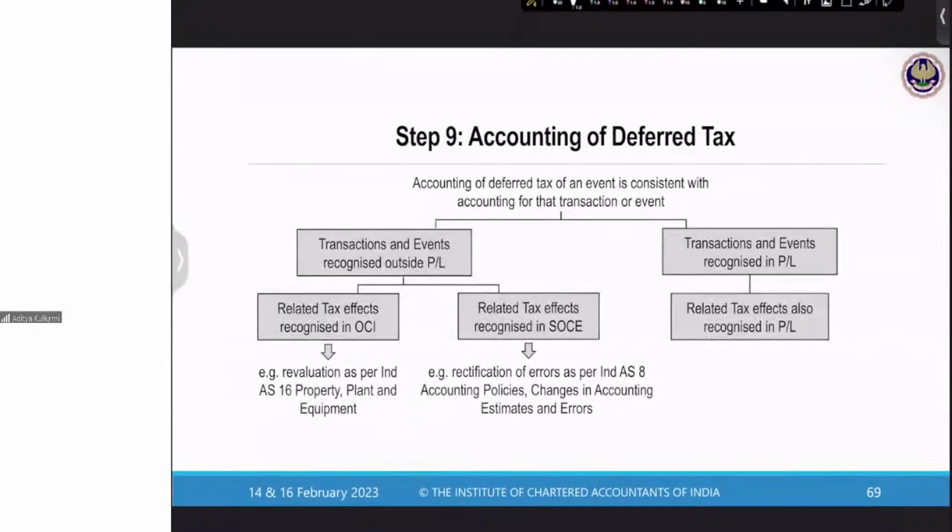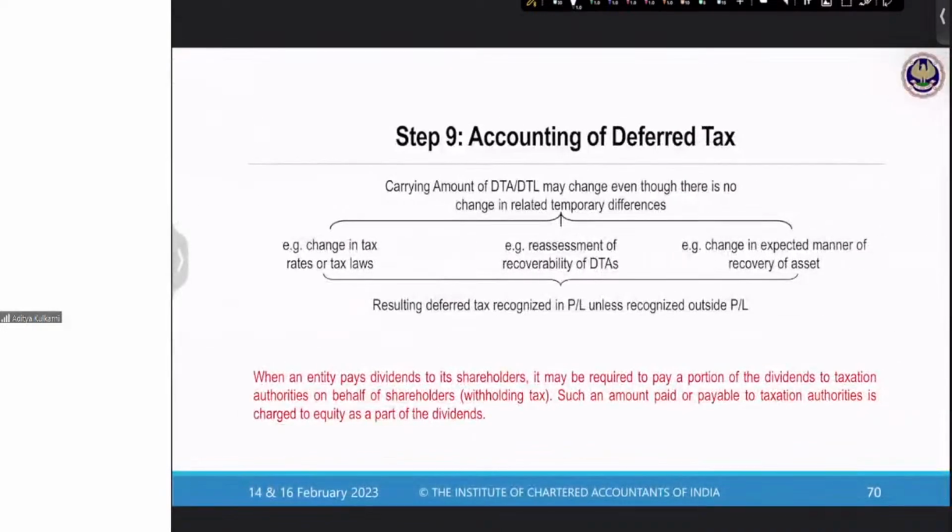All right. Accounting for deferred tax, we have seen this. Recognize it in OCI, statement of changes in equity, or in the P&L, as the case may be, where the original impacts have gone. Sometimes you may have changes in DTA or DTL even if there is no change in the temporary differences.